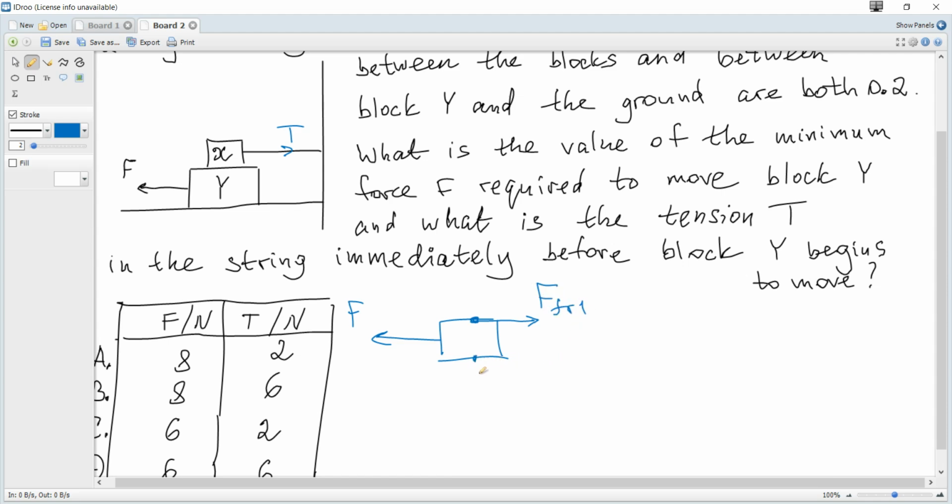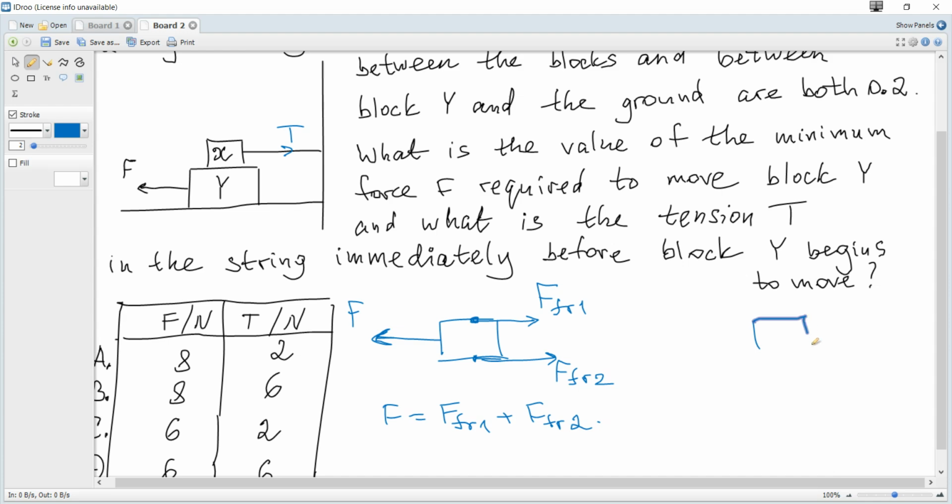Because there is also friction between Y and the ground, let it be F frictional 2. So it's also to the right because it also opposes motion. And second Newton's law, F is ma, acceleration is 0, and it's quite easy. F is balanced by F frictional 1 plus F frictional 2.